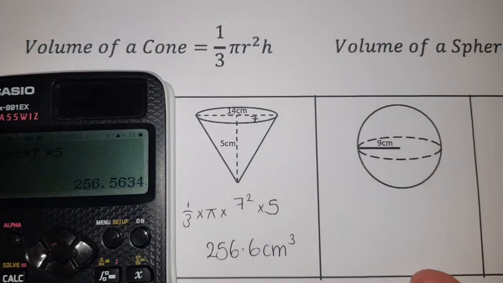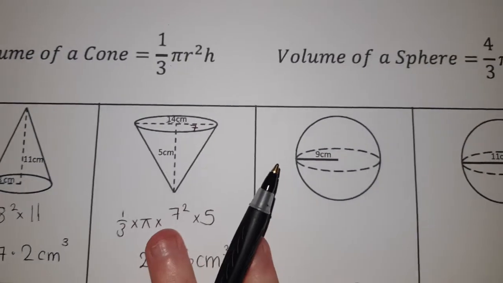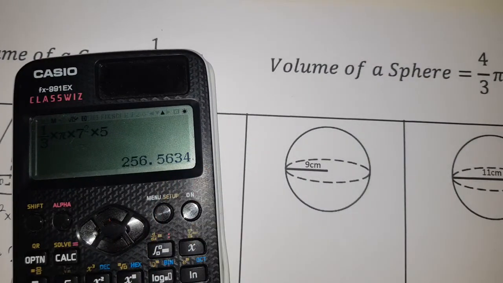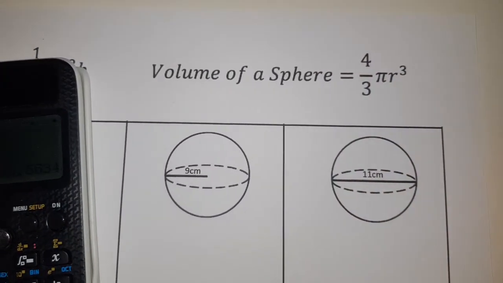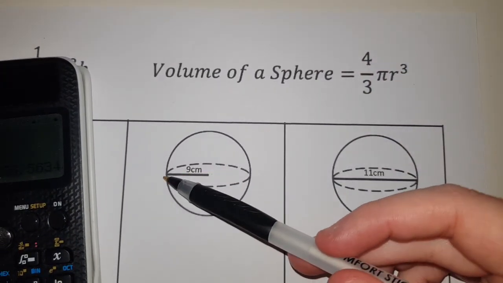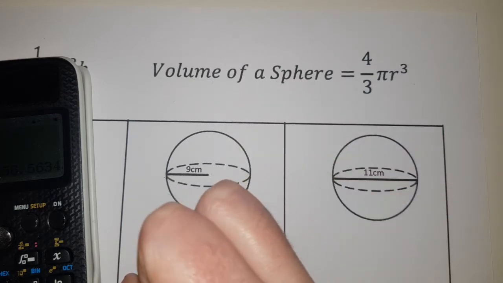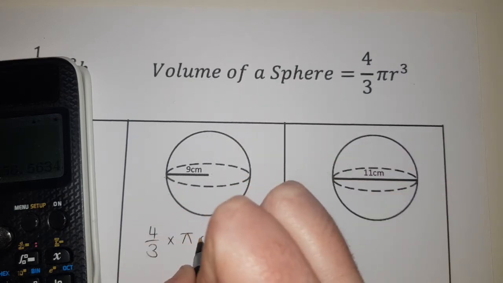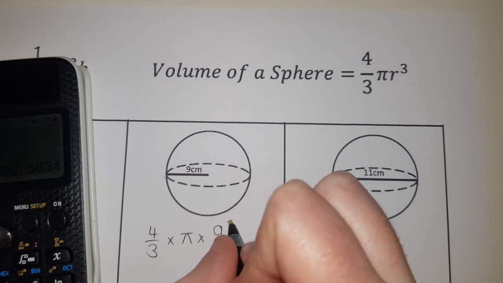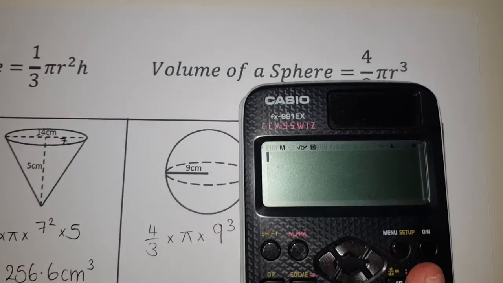Okay, and then once you've done cones, you've got volume of a sphere. Okay, it's 4/3 pi r cubed. Only thing to be careful of is, yet again, radius goes from the centre to the outside of your circle, or your sphere in this case. So this one is just 4/3 times pi times radius is 9 cubed, and you're going to type in exactly as it's written there.